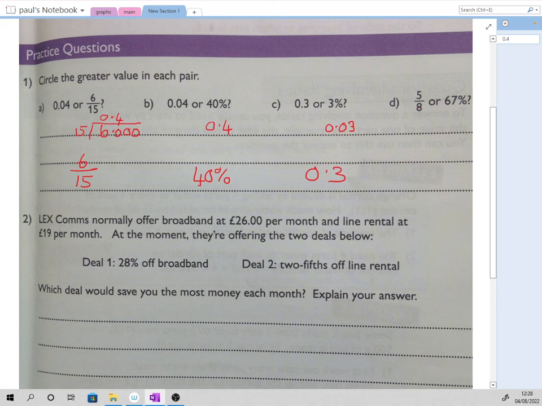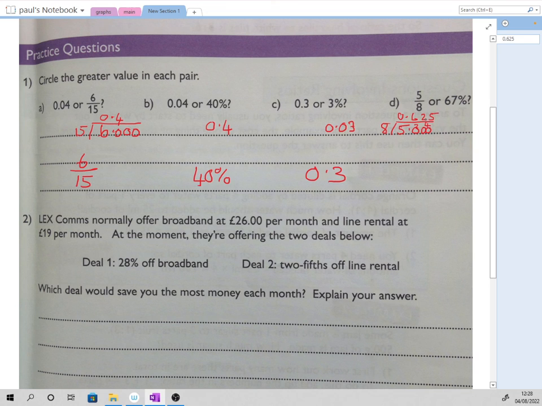This one, 5/8 or 67%. Okay, let's do the 5/8 again. 5 divided by 8. I know we did this just now. 8s into 50 go 6, 48. 2 left over. 2 eights are 16 with 4 left over. 5.